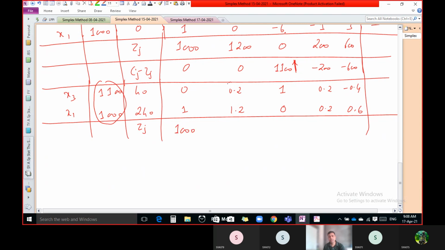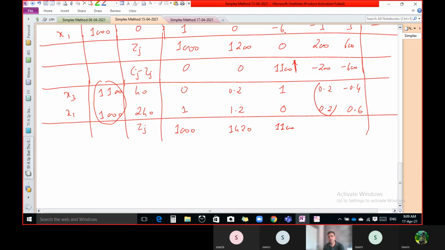Okay, now consider this. 1100 into 0.2, that is 220, and 1000 into 1.2, that is 1200, and the total of that is 1420. So we have to write 1420 here. Okay, now for this, 1100 into 1, 1100, and 1000 into 0 is 0. So 1100 plus 0, that is 1100.